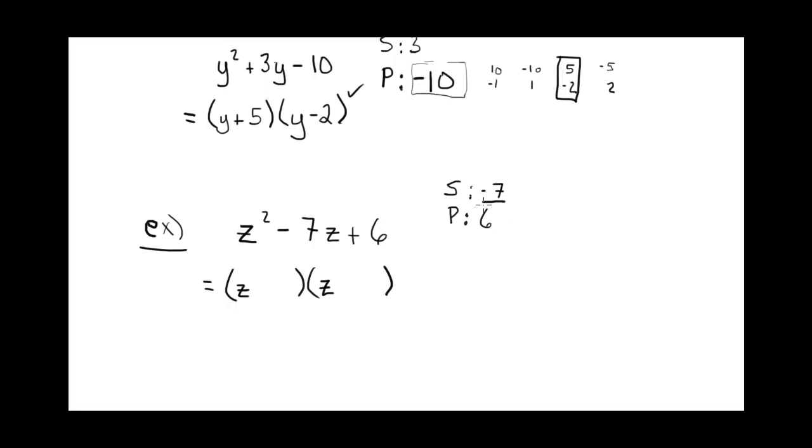So we're going to think of two negative numbers that multiply to 6. Well, negative 6 and negative 1, negative 3 and negative 2. Well, negative 6 plus negative 1 is negative 7. So that's our pair. And notice that pair doesn't work. So it's just negative 6 and negative 1. And again, you could check by expanding.